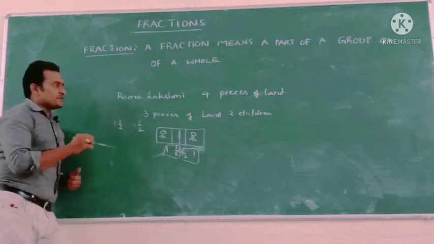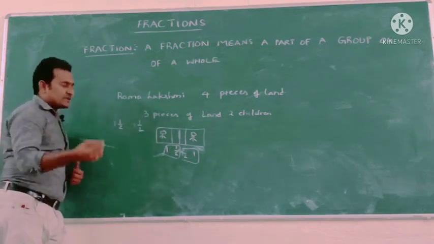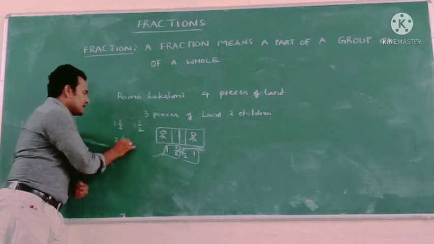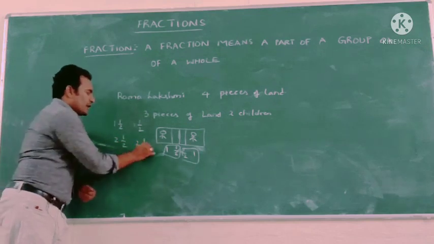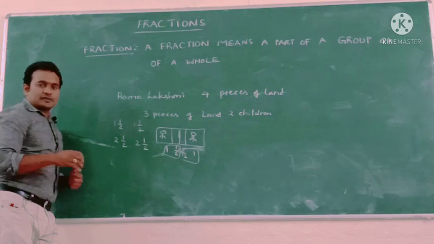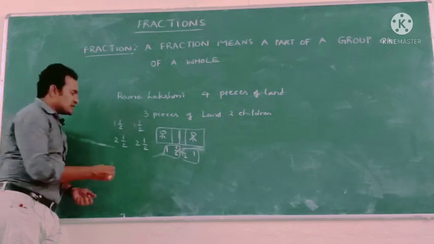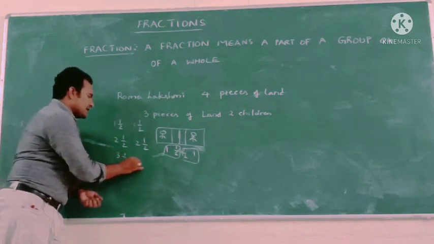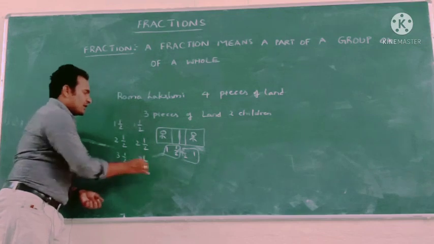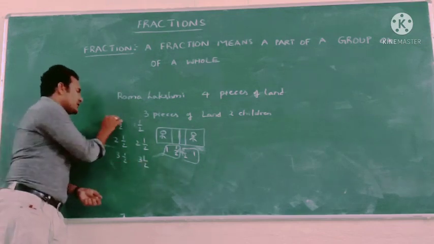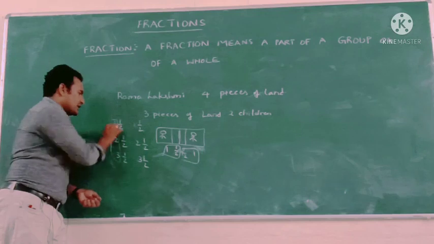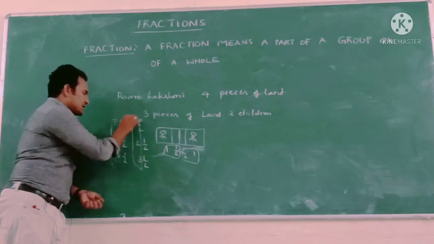In the same way, if she wants to distribute 5 pieces of land, each child gets 2.5. If she wants to distribute 7 pieces of land, each child gets 3.5.